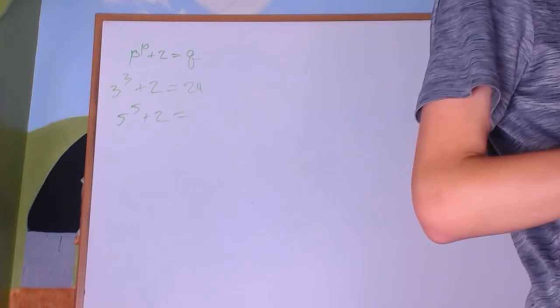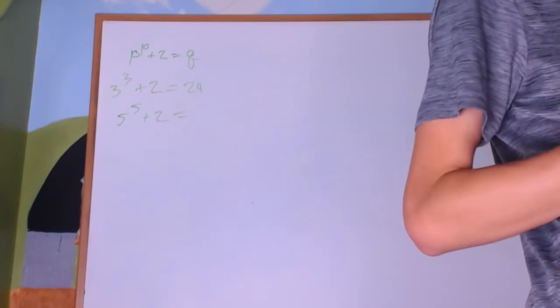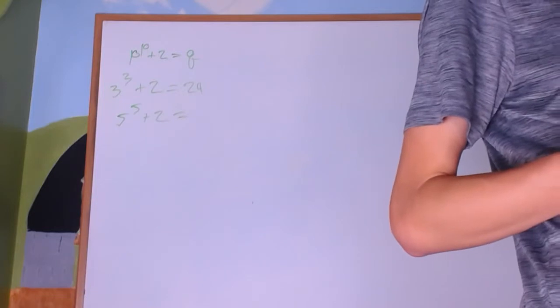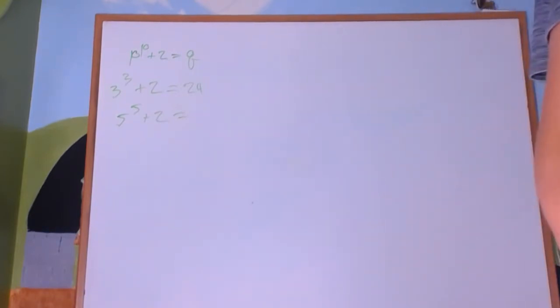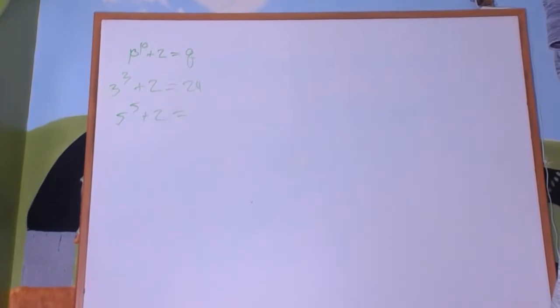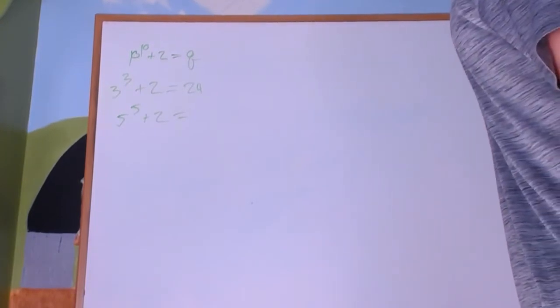11 to the 11 plus 2. It's too big. It's very big. Prime factors of 11 to the 11 plus 2. Prime factorization of 11.